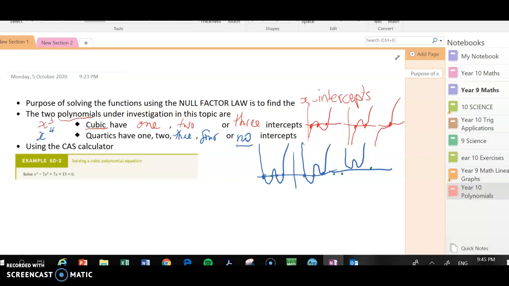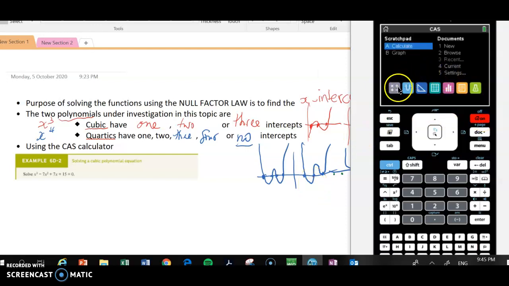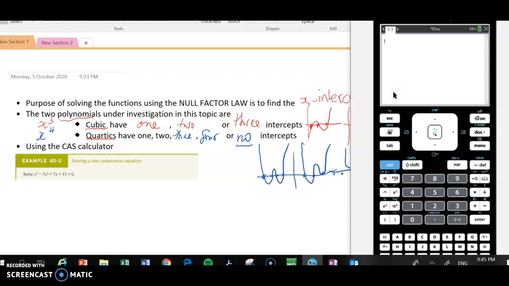Of course, for us to be able to work out the solutions to cubics and quartics would be very challenging. So for this year, we're just going to rely on our CAS calculator. Turning to our calculator, remember it's a case of using the calculator page.